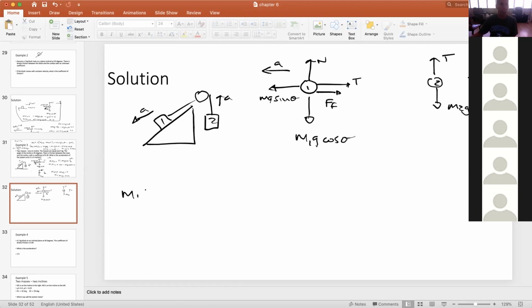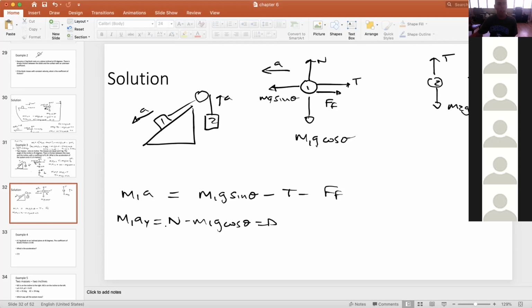So now, here we go. For number 1, we have m1a, I'm just going to call it a, is equal to m1g sine theta minus T minus force of friction. In the y direction, m1a_y is N minus m1g cos, and we know that that is 0. So N is equal to m1g cos theta. For this one, m2a is equal to T minus m2g, which means that T is m2a plus m2g.